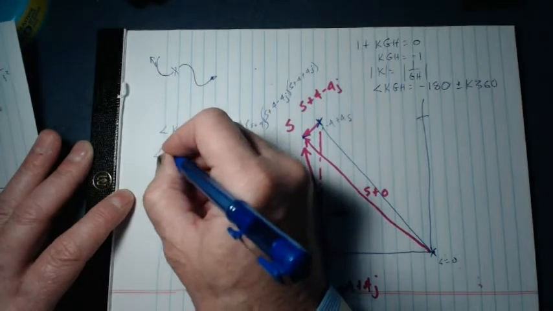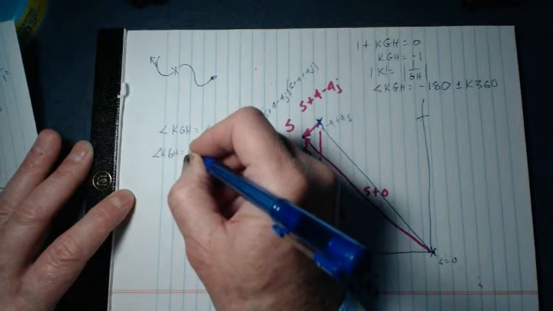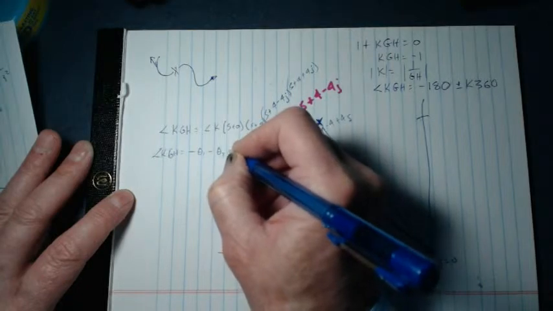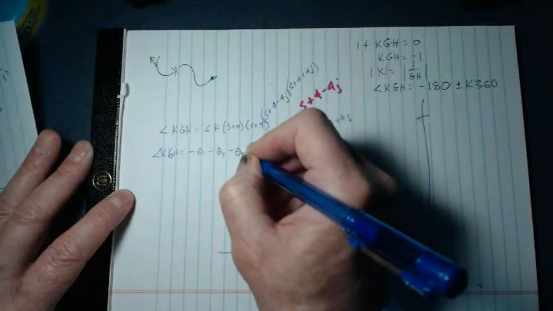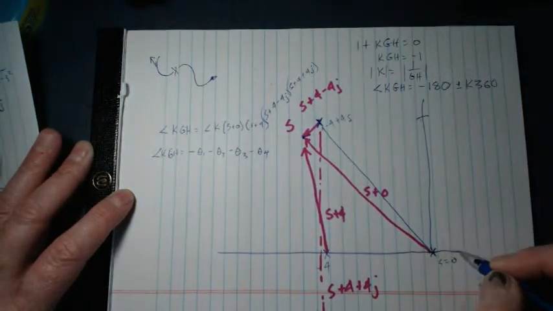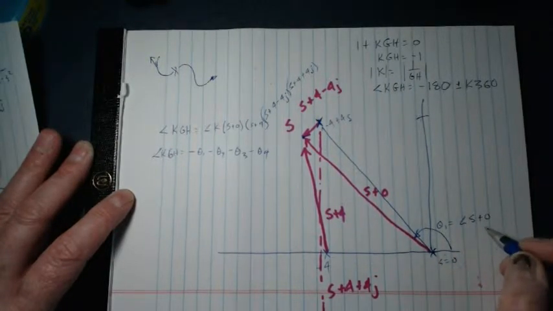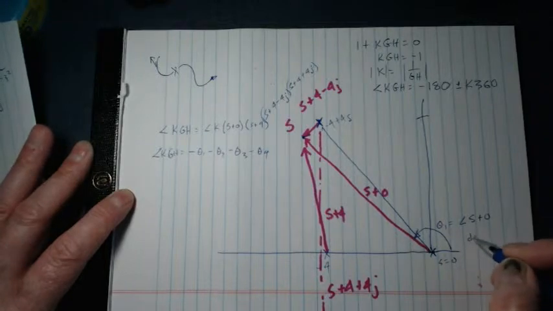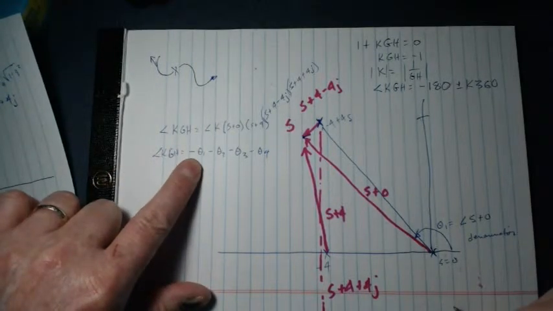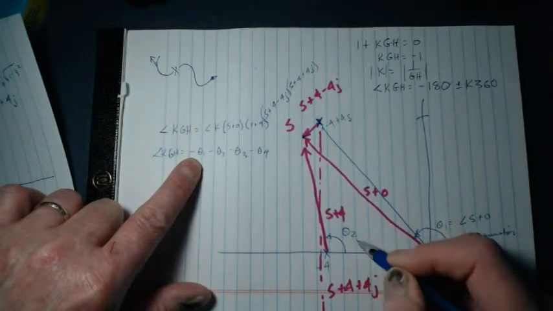So I'm going to write that in terms of the angle of KGH, which is equal to minus theta 1 minus theta 2 minus theta 3 minus theta 4. Because this is the angle, theta 1 is equal to the angle of s plus 0. But because s plus 0 is in the denominator, it's got a minus sign in front of it. Here's going to be the angle of, this is theta 2.